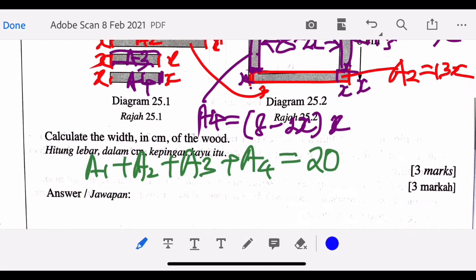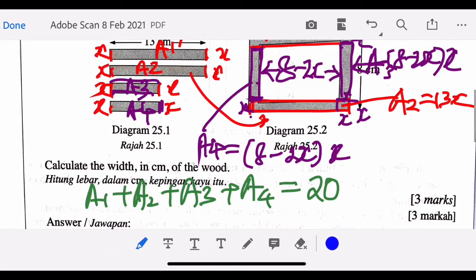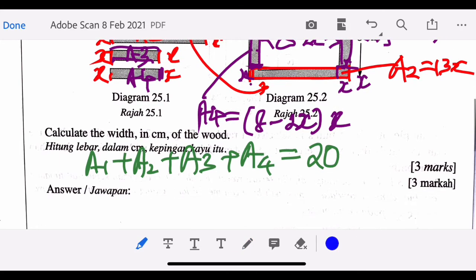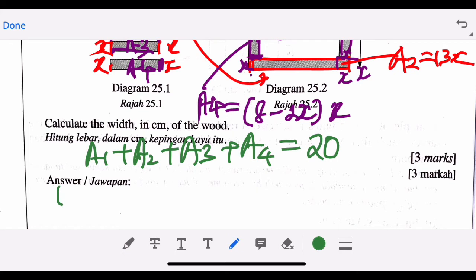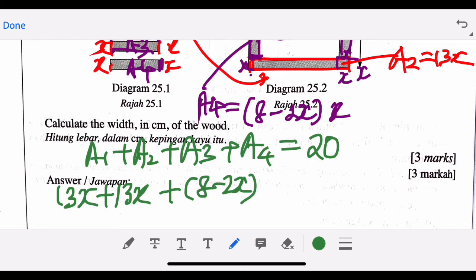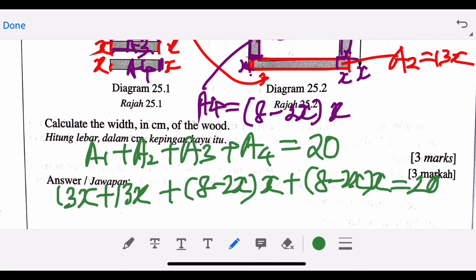So now we will just add on the area. We have 13x plus 13x, and we have 8 minus 2x times the x for A3, and 8 minus 2x times x for A4, equal to 20, right? So that is how you solve it.